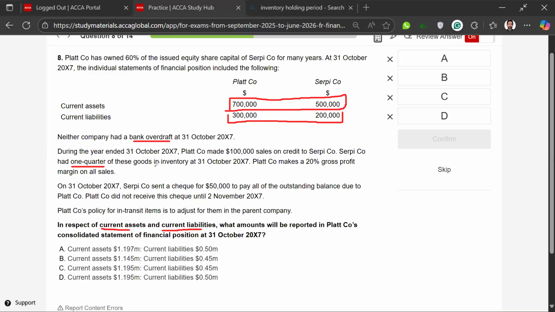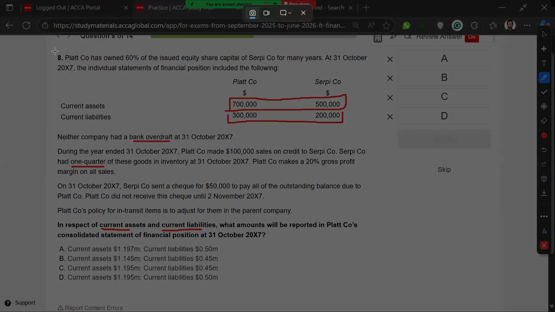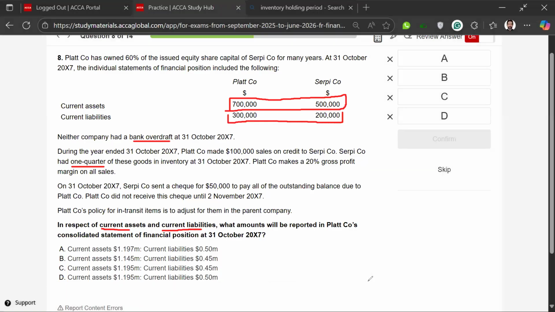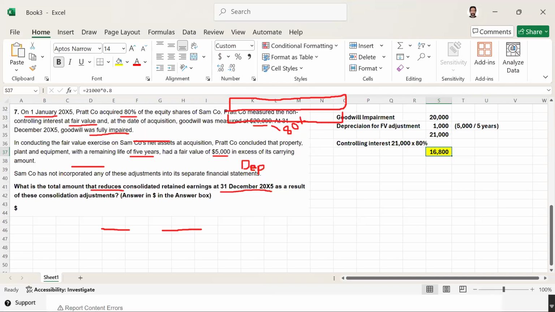So this is the unrealized profit which we need to charge here. We need to calculate this value and charge it. It's a good idea that we take this to Excel straight away so that we could do the workings as we move along.